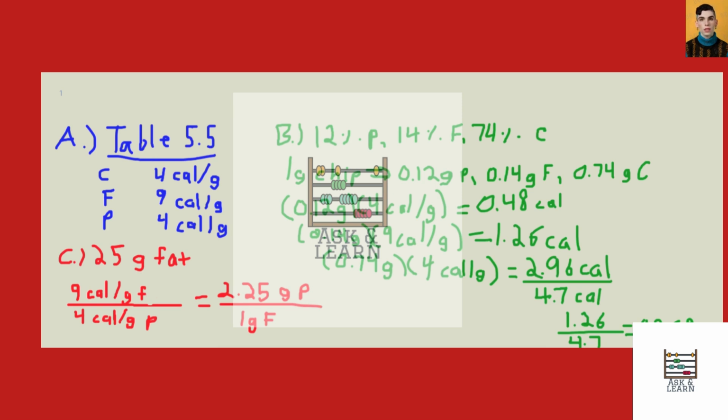Now, in this case, we have 25 grams of fat. So we have to simply multiply the amount of fat we would need. Thus, we have to multiply this value, 2.25, times 25, and that'll tell us how much protein we need to produce the same amount of energy as 25 grams of fat.